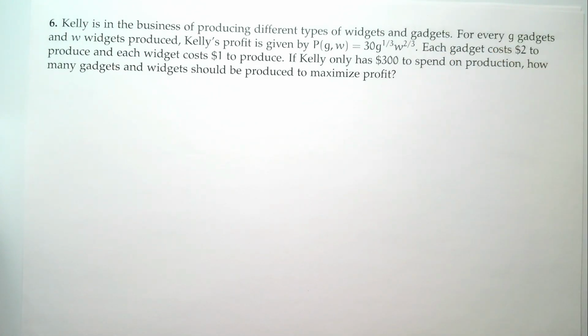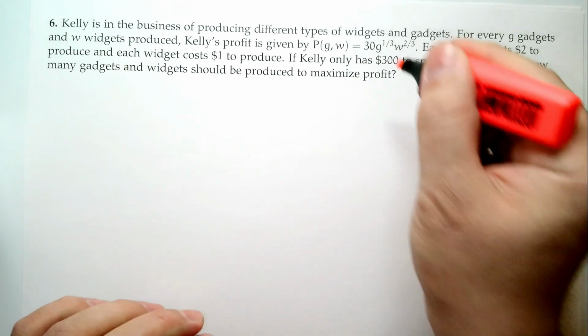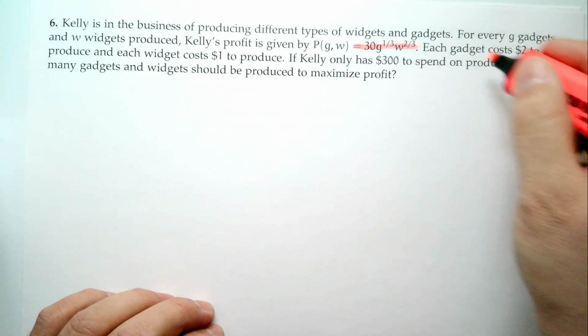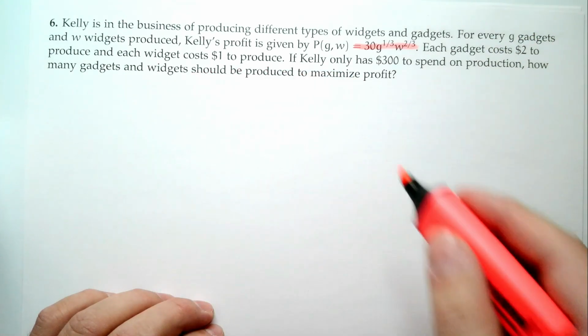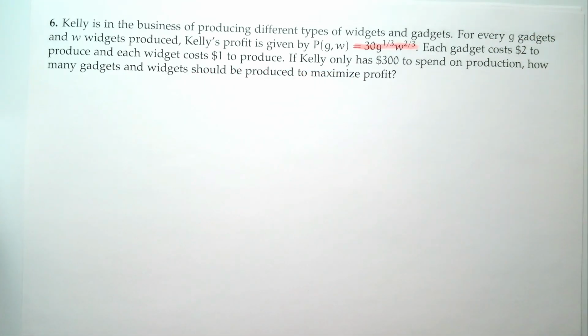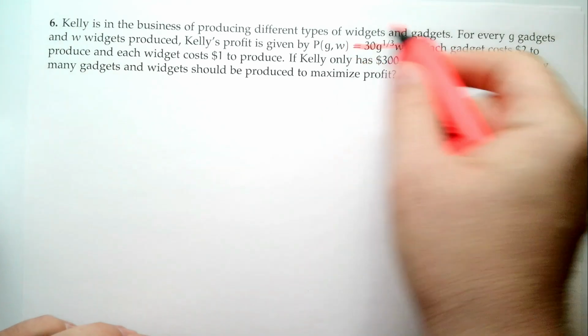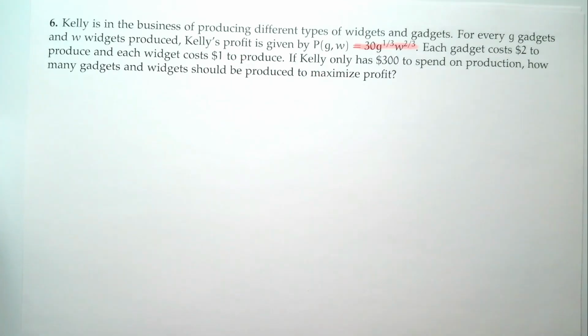So Kelly is in the business of producing widgets and gadgets, and you have this function here. Each gadget costs $2, each widget costs $1, and you spent money on production. How many widgets and gadgets should be produced to maximize profit? Well, you have the profit function, you have the cost function. So at any rate, what is this?